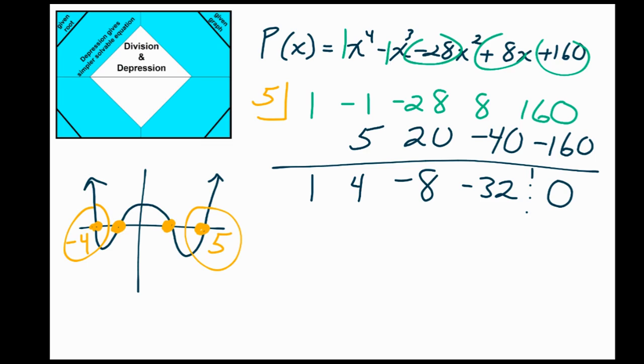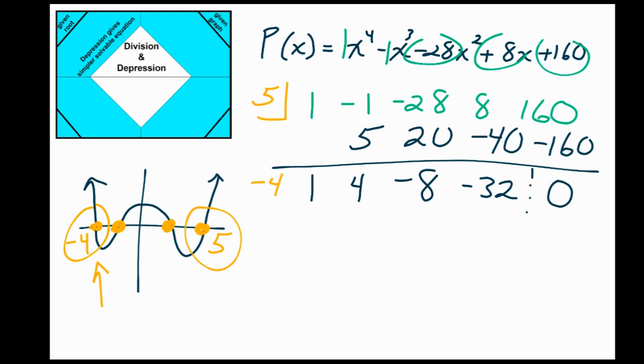Now, instead of writing down the value of my depressed polynomial, something to the effect of maybe 1x cubed and 4x squared, what I'm going to do is realize that I need to divide again.